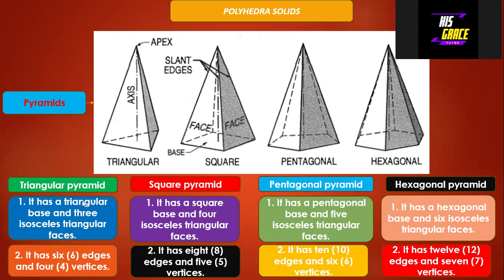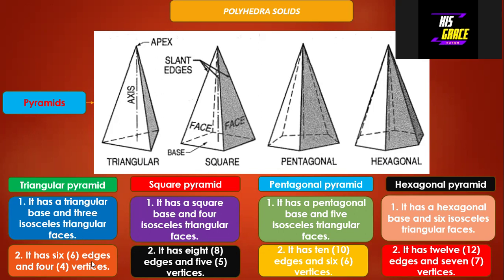So a triangular pyramid has a triangular base and 3 isosceles triangular faces. That is one of the properties of the triangular pyramid.